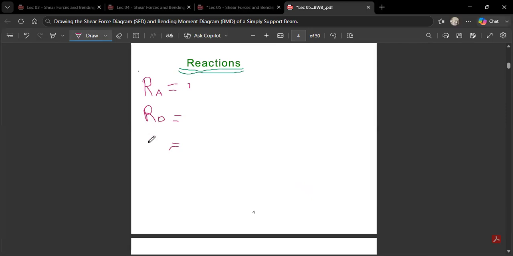This one is also our horizontal force at A. So I'm going to put it down like that. This one we have 20 kilonewtons. This one too we had what? 20 kilonewtons. 20 kilonewtons.